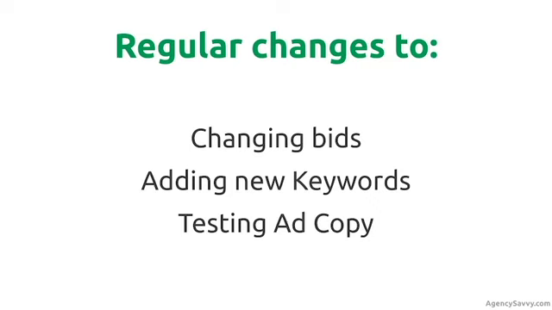And by reviewing your search query report, you might find new keywords that you want to add into your account to be more sure that you're going to show ads to those people in the future. We also talked about negative keywords and how you might want to be on the lookout for words that you can add as a negative keyword to tell Google to not show your ad for a particular thing.